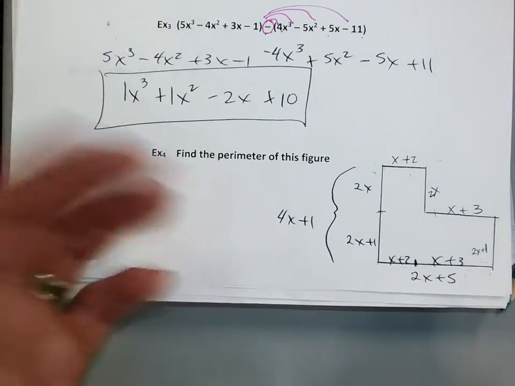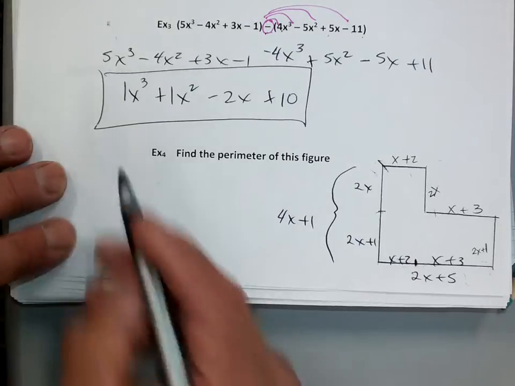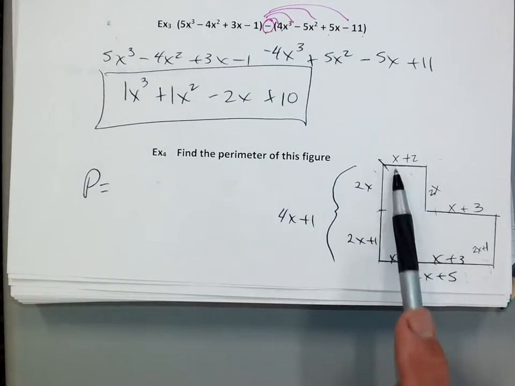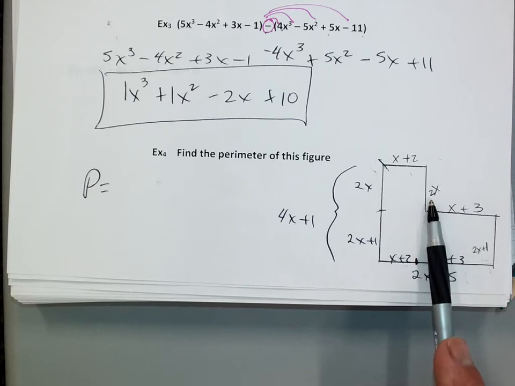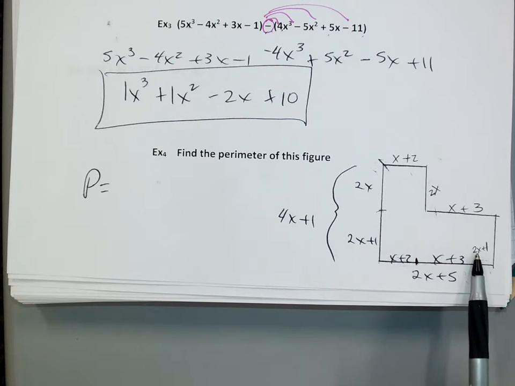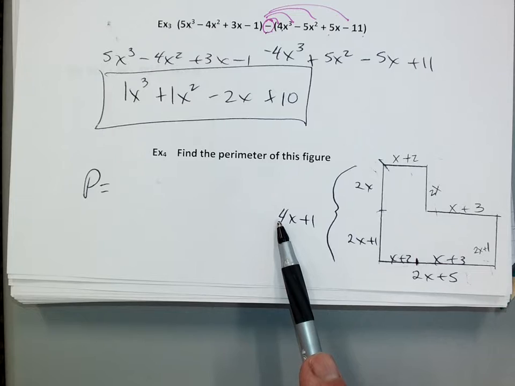Okay, so let's start adding around. So I think the easiest thing to do is just add the x's first. So P for perimeter is equal to, okay, and I'll go slowly. I'll start here. 1x, 2 more makes 3x, 4, 5, 6 x's, 6, 7, 8 x's, 9, 10, 11, 12 x's.